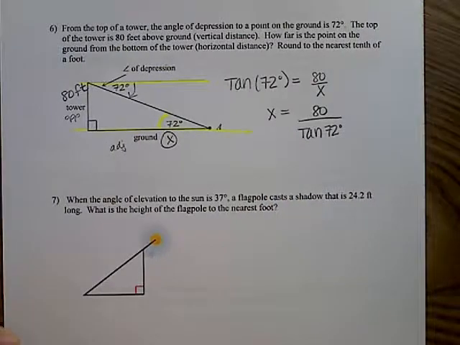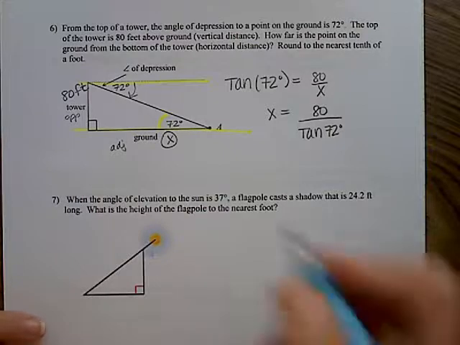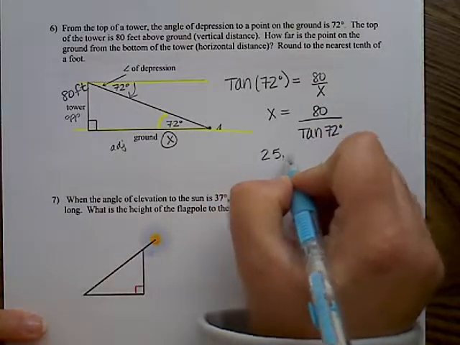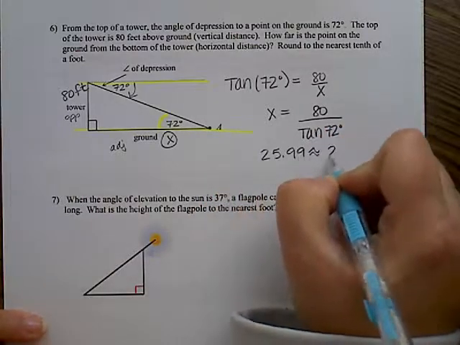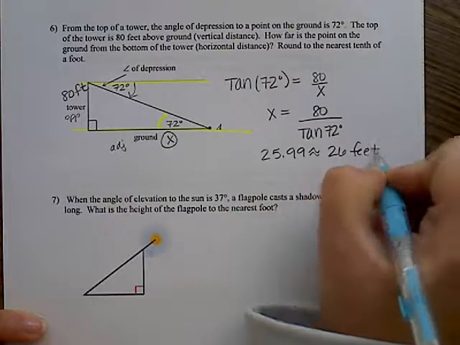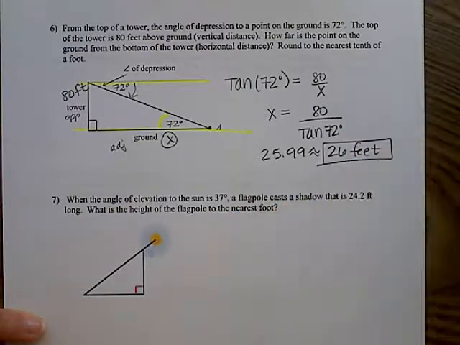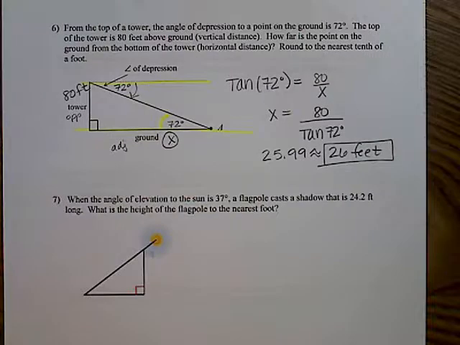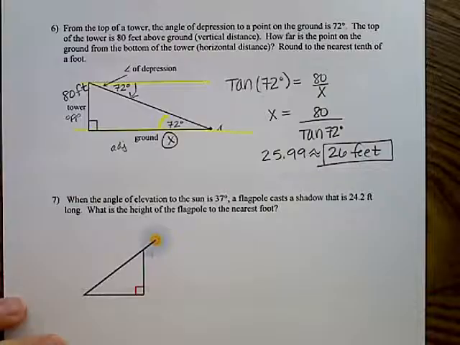And then we can solve that for the horizontal distance on the ground. And you should get approximately 26 feet.